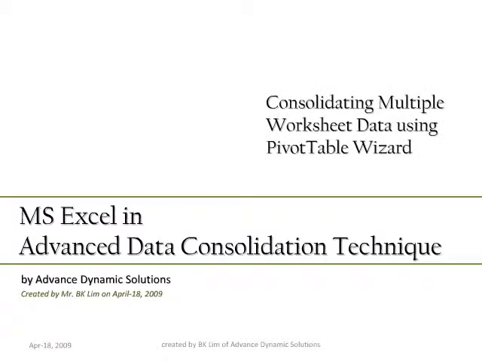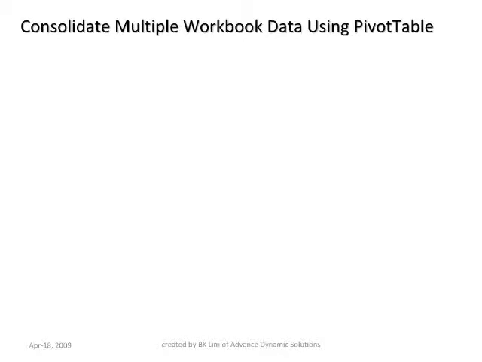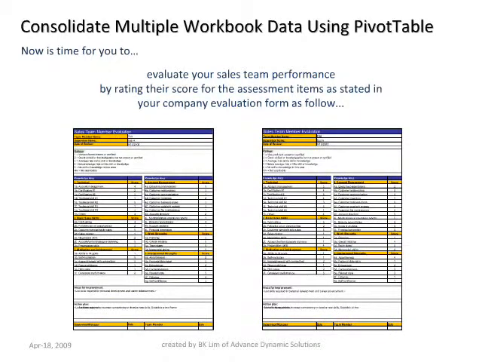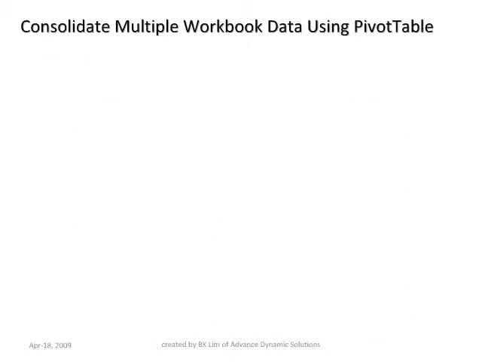Microsoft Excel and Advanced Data Consolidation Technique. Excel can consolidate multiple worksheet data using PivotTable Wizard. Consolidate multiple workbook data using PivotTable. Now it is time for you to evaluate your sales team performance by rating their score for the assessment items as stated in your company evaluation form as follows.